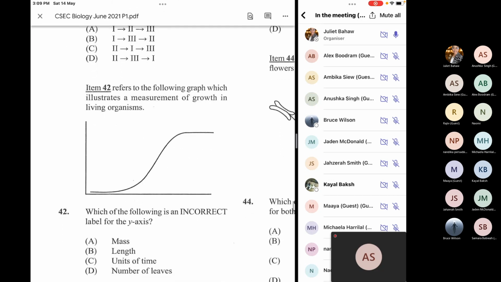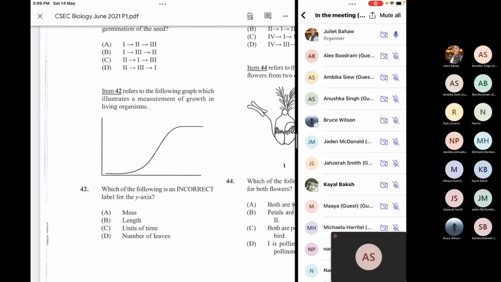42. Which of the following is an incorrect label for the y-axis? Let's see. Yes, time is never placed on the y-axis. Time is always on the x-axis.